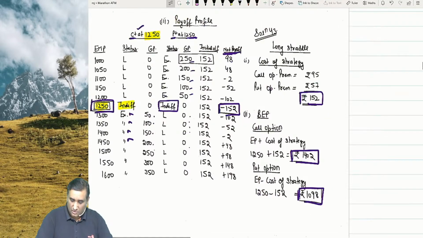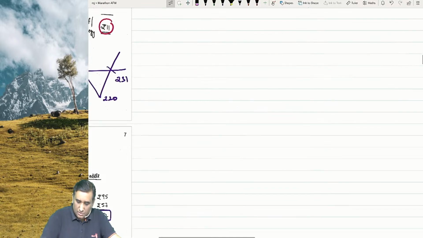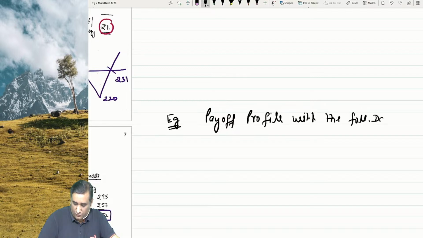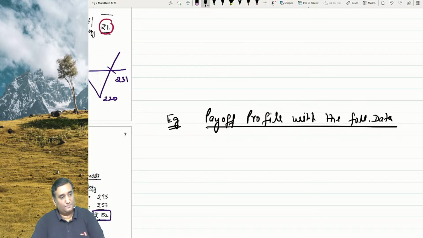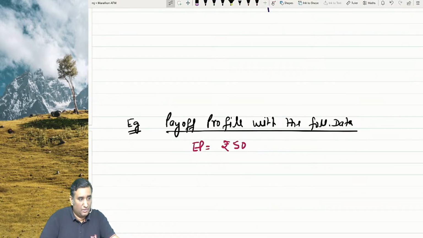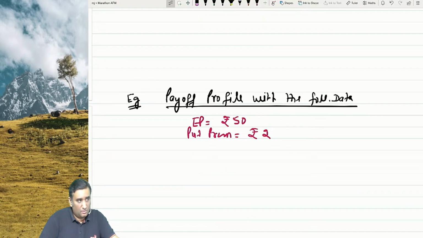On a small example. Show payoff profile with the following data. Exercise price, put premium, call premium.